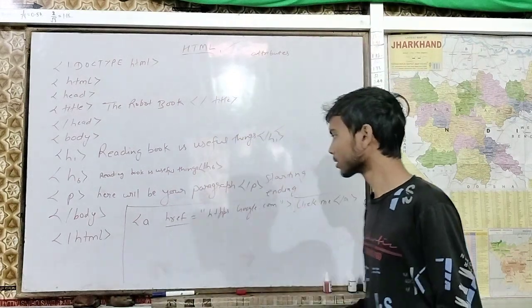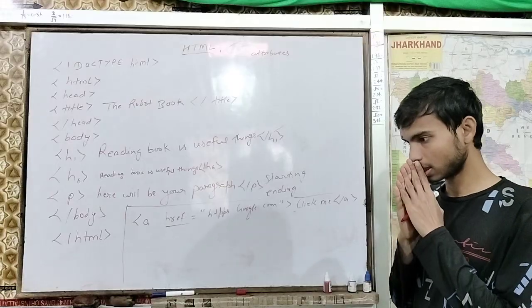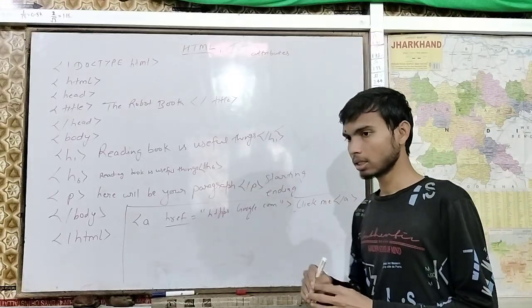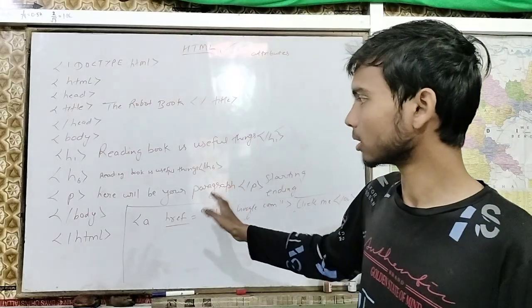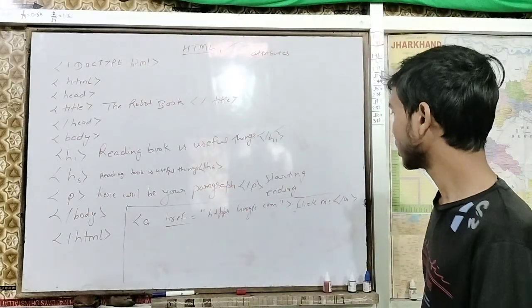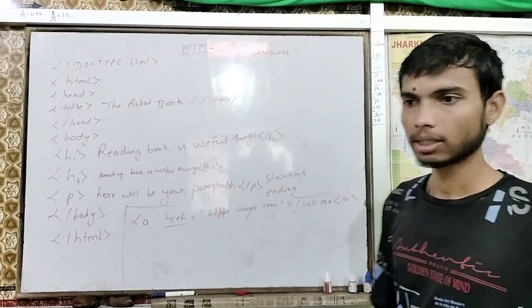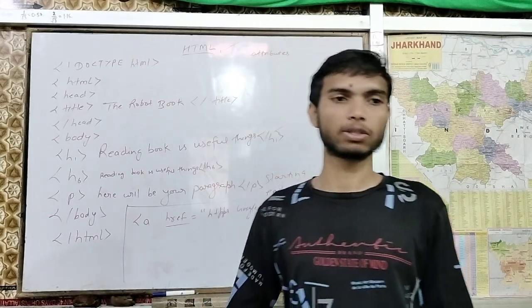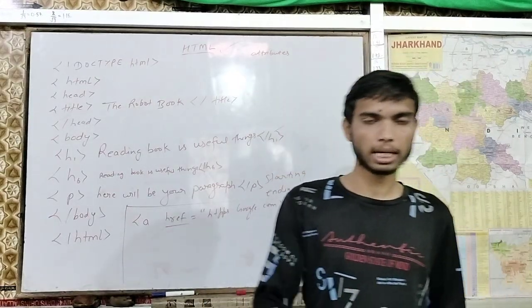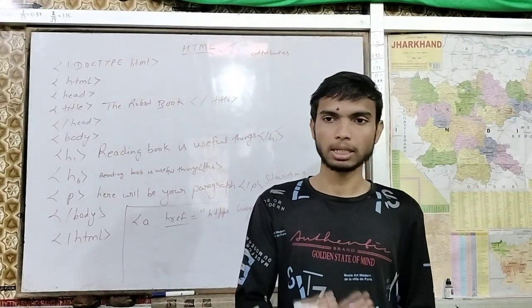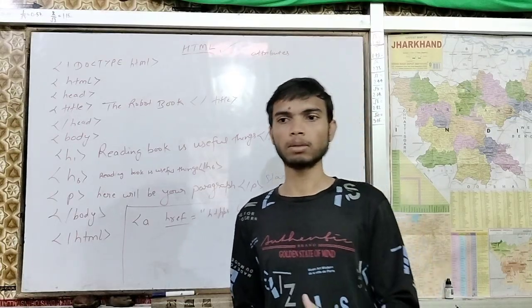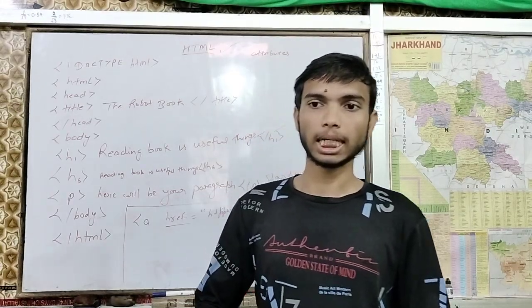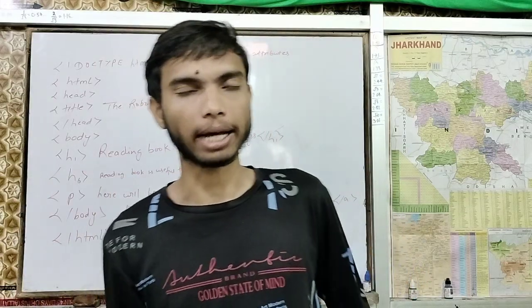Clear? There can be more tags in a tag group. Right now, just understand, yes, the attribute will always come in the starting tag, inside the starting tag, and it does not come in the ending tag.